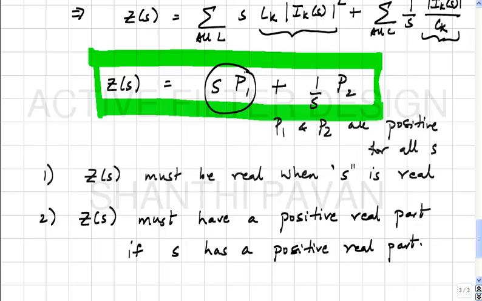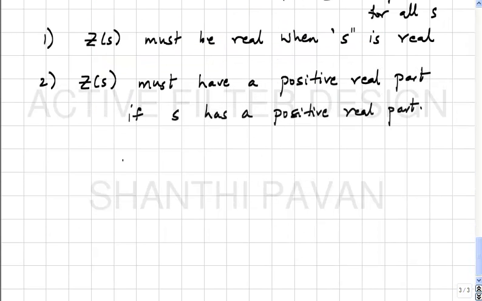Can you comment on the real part of P2 by S when S has a positive real part? S and 1 by S will always have the same sign for the real part, correct? So, it follows that Z of S must have a positive real part if it is evaluated at some S with a positive real part. So, this is a whole class of functions which are called positive real functions.